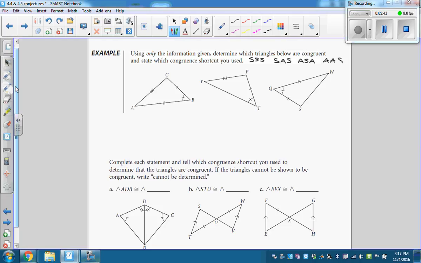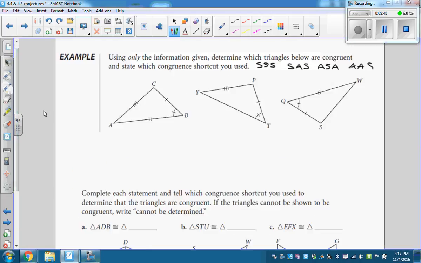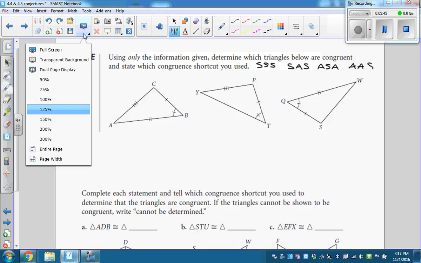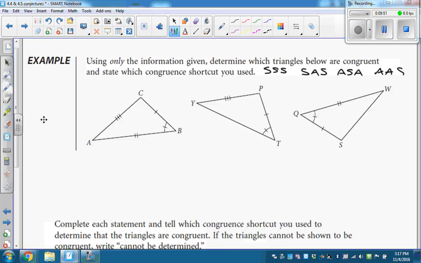Sorry, P. Do you have glasses? Yeah, but I need to get contacts. Okay. Here, is that better? Yeah. So CAB and PYT are congruent. I think, are they all congruent?